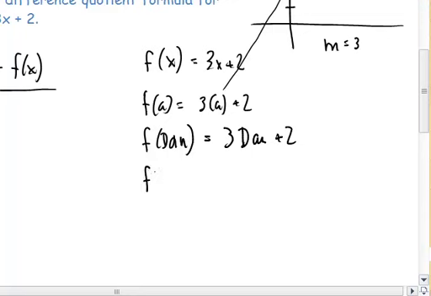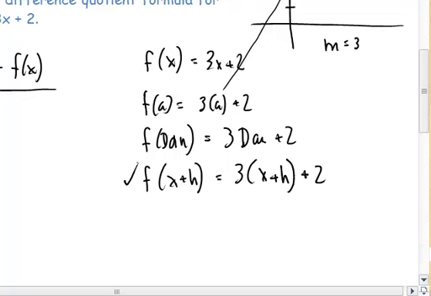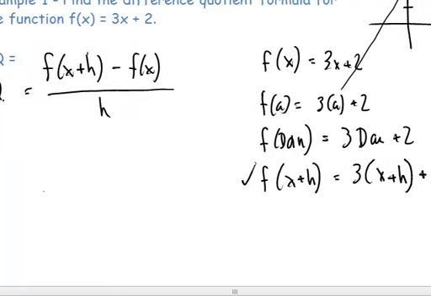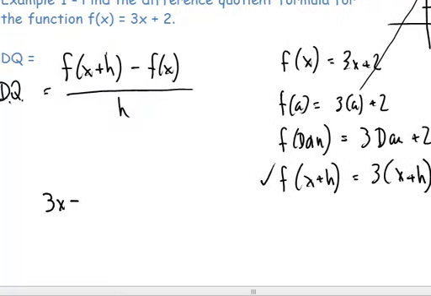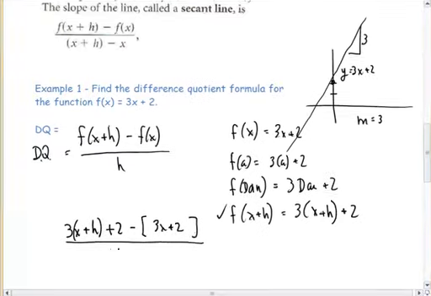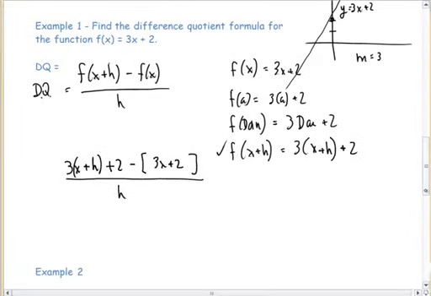And then I said, what's f of x plus h? And finally everyone came around and they were like 3 times x plus h, plus 2. And that's the important ingredient we need to be able to get, so that when we assemble our difference quotient, we can plug in the correct quantity and then solve for it.